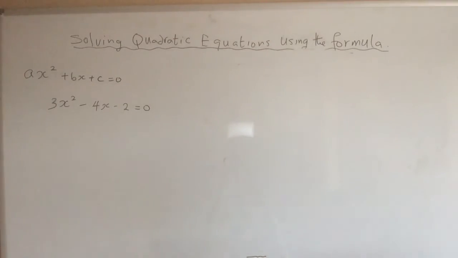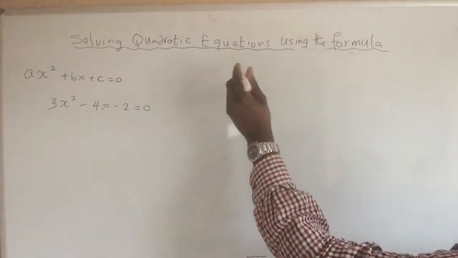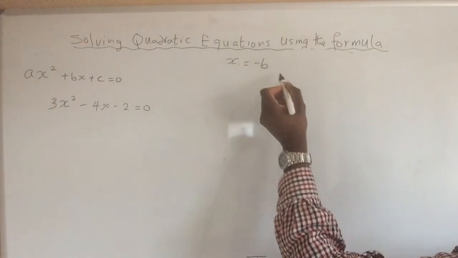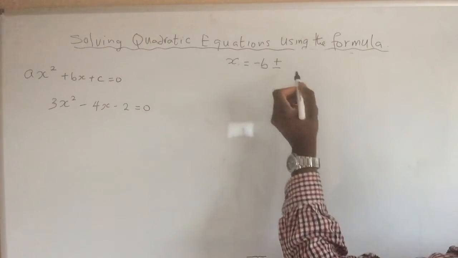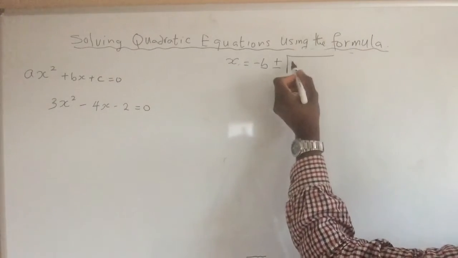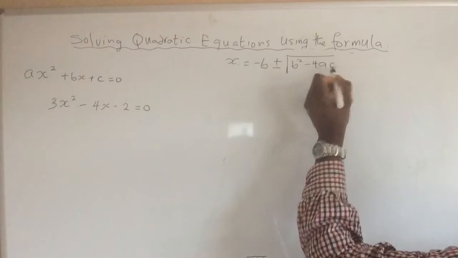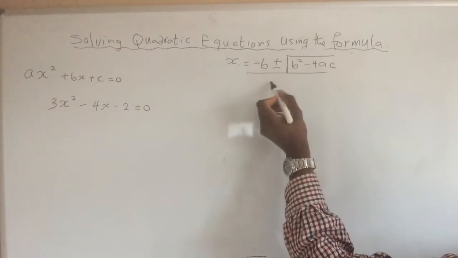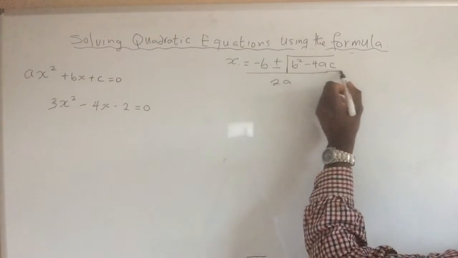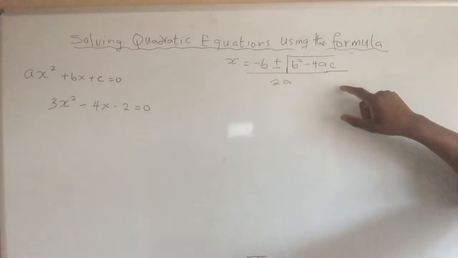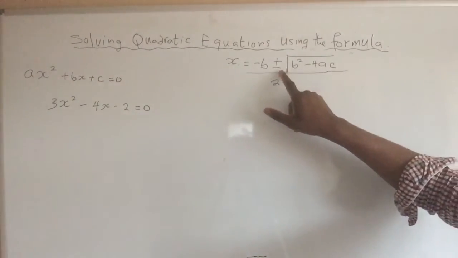Now the formula is giving us x equal to minus b plus or minus the square root of b squared minus 4ac over 2a. Please notice that that divide sign doesn't start from here.